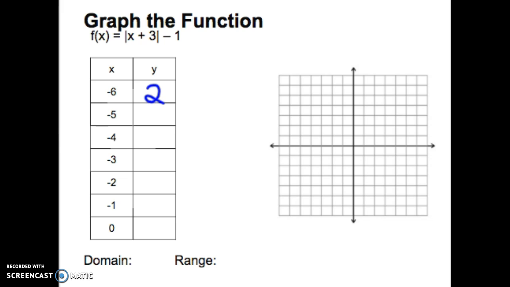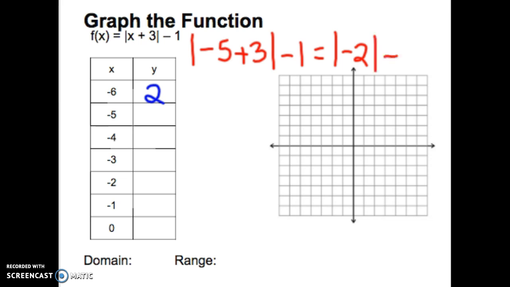So let's try it again. In this case, we're plugging in -5. And we get this as our initial input. We do some simplifying to get a -2 on the inside of the absolute value. Converts to +2 minus 1, which gives me 1.